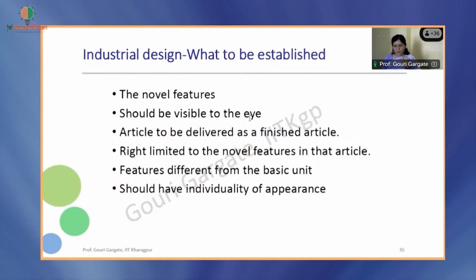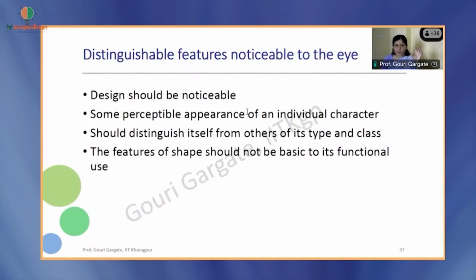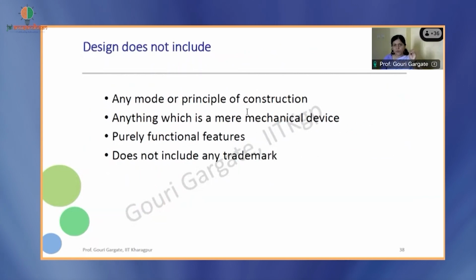Considering the time limit, I will just skip quickly. And considering a good form of protection, we can say that the customer base is very important. You have to think about the customer always when we are designing that particular product. Now, when we are talking about design, what should it not include?